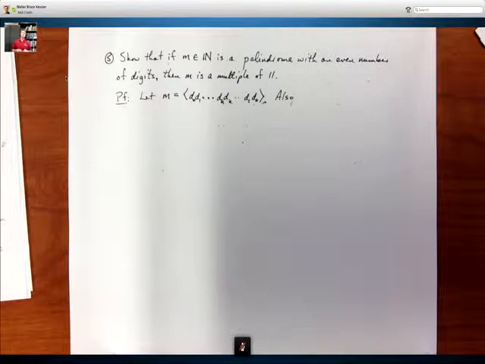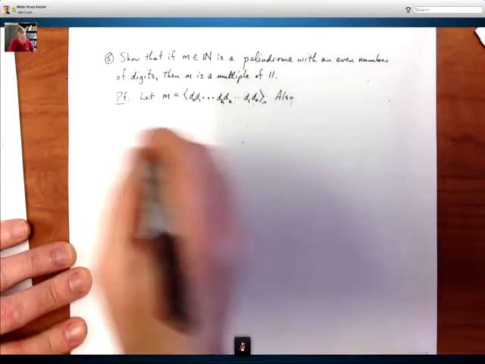The test says that whatever number you get there, your big number m will be divisible by 11 if that sum and difference that we just calculated is divisible by 11. Okay?